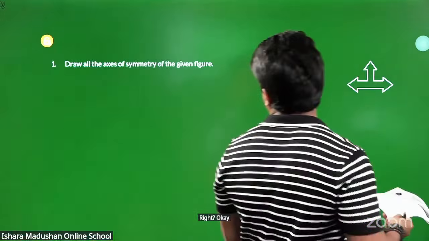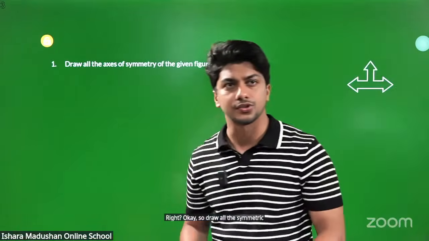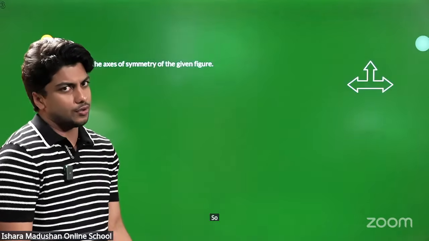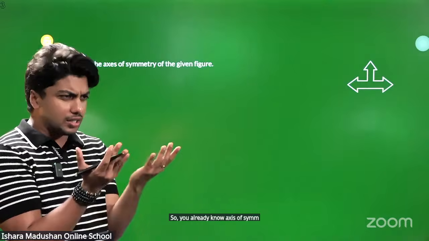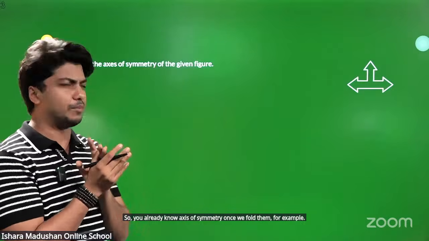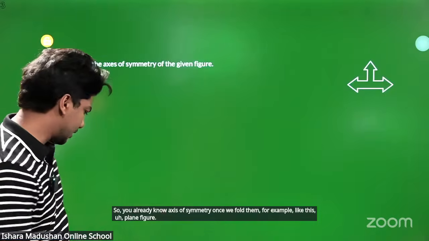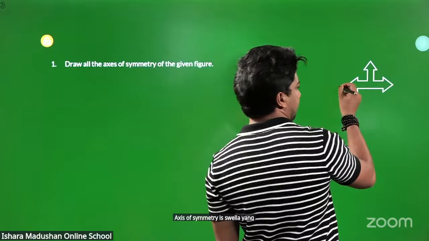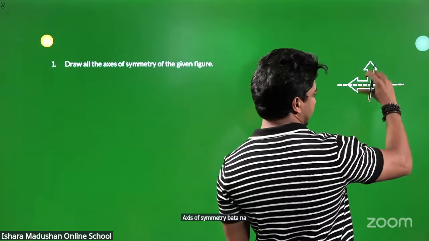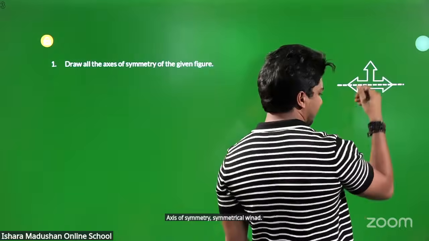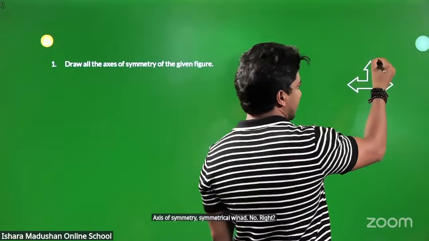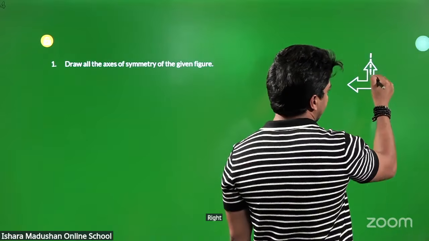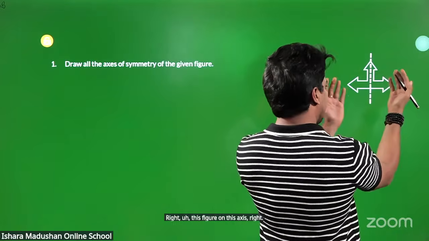Okay, so draw all the axes of symmetry of the given figure. You already know axis of symmetry. Once we fold, for example like this plane figure, what are the axes of symmetry? දැන් අපි ගත්තොත් දැන් මෙන්න මේක වටා නැමුවොත් මේ symmetrical වෙනවද? එක මත එක පිහිටනවද? නෑ. Right? But you can see this is an axis of symmetry. Once I fold this figure on this axis, it coincides.